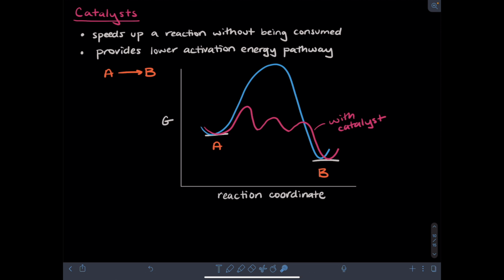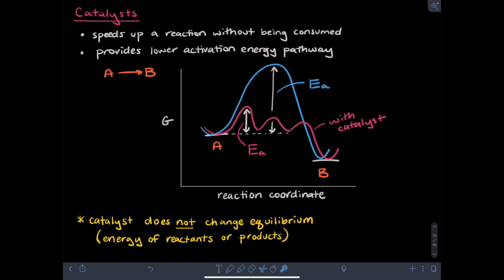If you add a catalyst that's appropriate for this reaction, it'll provide a lower energy barrier pathway between the two. Notice that the barrier height was high without the catalyst present, and the largest barrier that you encounter through the catalyzed pathway is much lower. This smaller barrier means that the reaction is going to proceed faster.